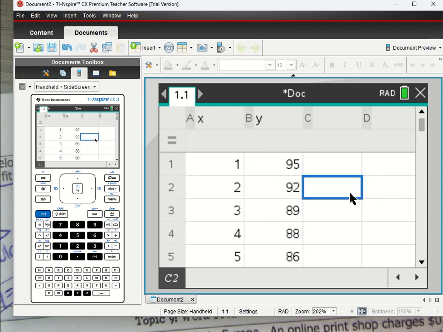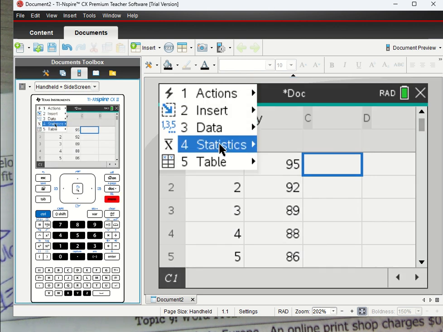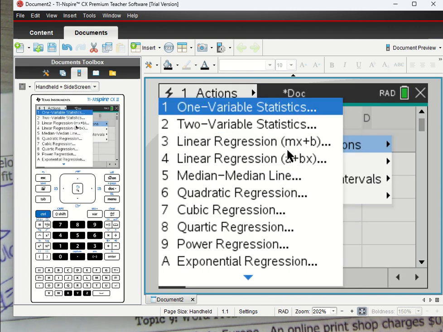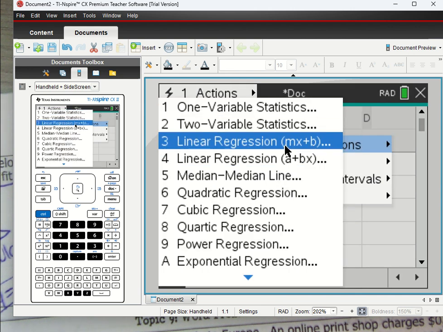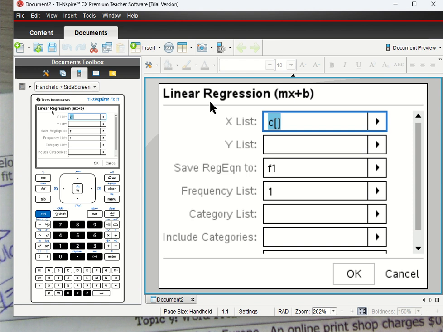After these, we are going to click here on an empty cell and just press menu, statistics, stat calculations, and linear regression, MX plus B. It's going to ask you what do you want to use for X. We're going to say X because we assigned the column that has X, and then Y for the Y list.